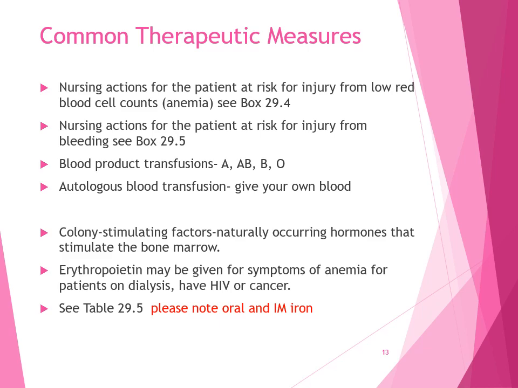We would give it with food initially, then transition to between meals. Give with food only if GI effects are tolerable. If they have to take liquid iron, that should be diluted and administered through a straw. Important to remember because that iron can stain their teeth. So it should be diluted and administered through a straw.